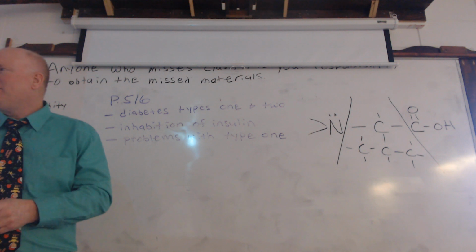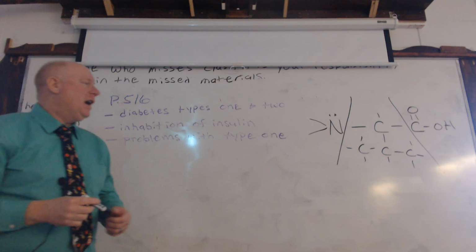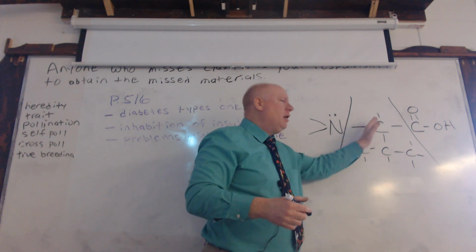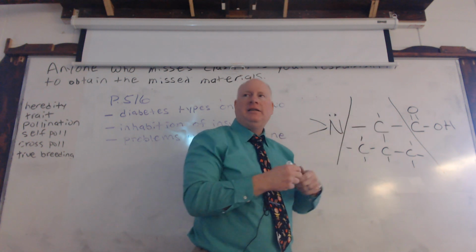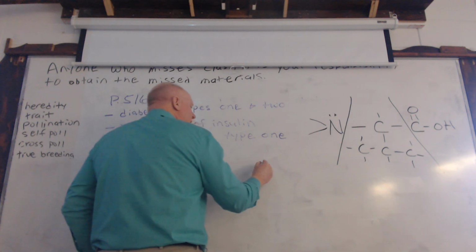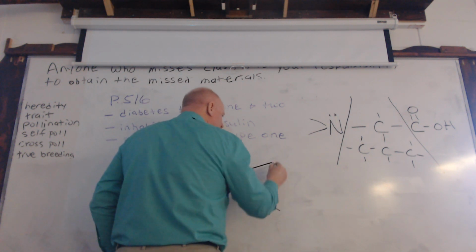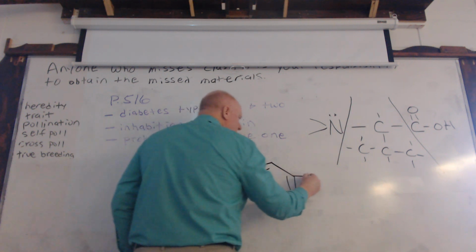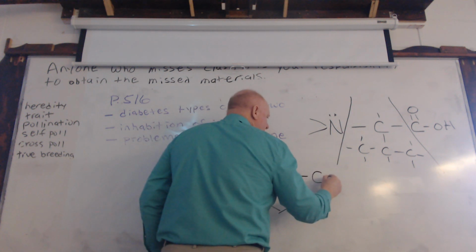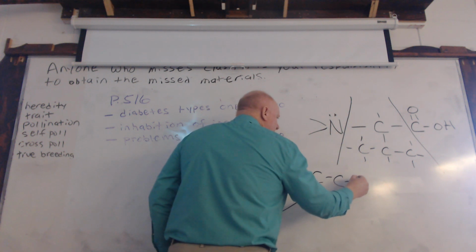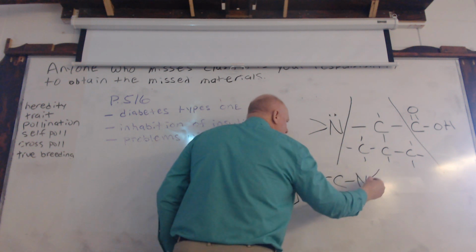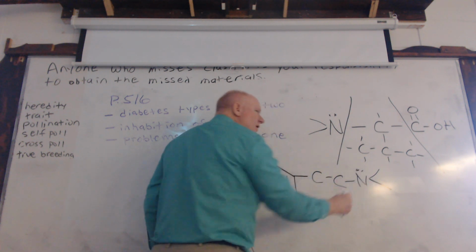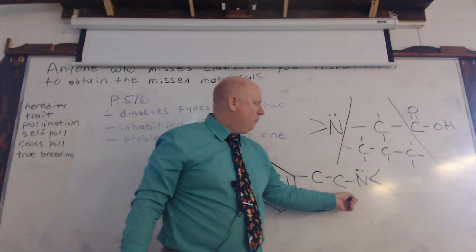So now the difference with these amino acids is what you see on this middle carbon. When you look at something like this, now there's a whole carbon chain out here, but just with this limited knowledge, what type of group is that?